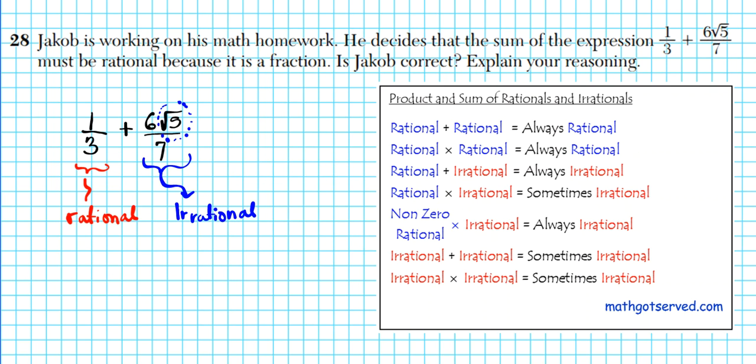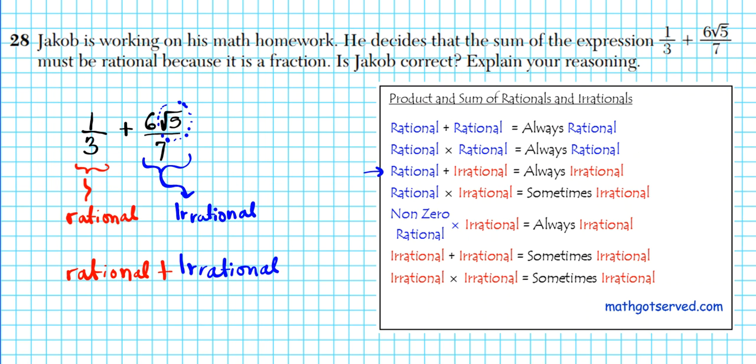So what we have here, the nature of the solution is what? The solution is basically a rational number plus an irrational number. What do you get when you combine a rational and irrational number together? The answer is this scenario right here.